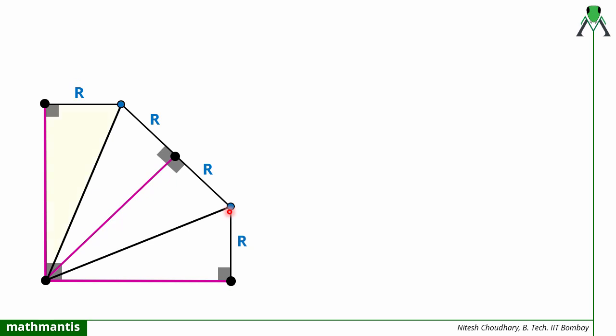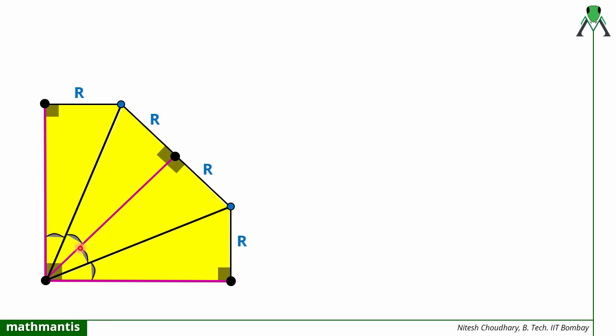In these 4 triangles, if you see this triangle, this triangle, this triangle and this triangle, all these triangles are congruent, because the length of the common tangent is the same in all the triangles. The radius is also capital R and the angle is 90 degrees. So all these 4 triangles are congruent, based upon which we can say that this angle of 90 degrees will be divided equally into 4 parts.